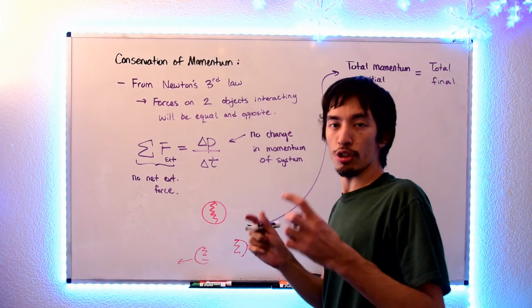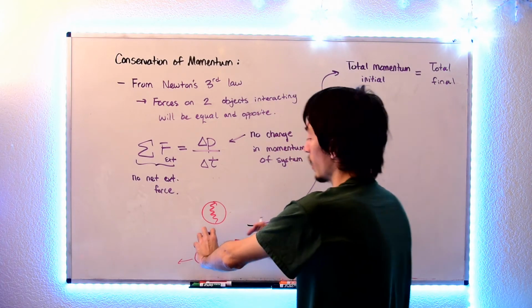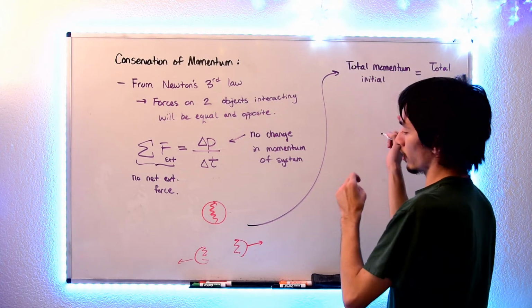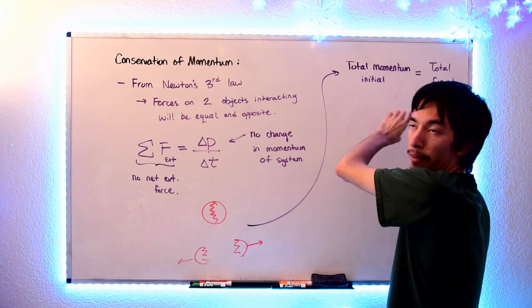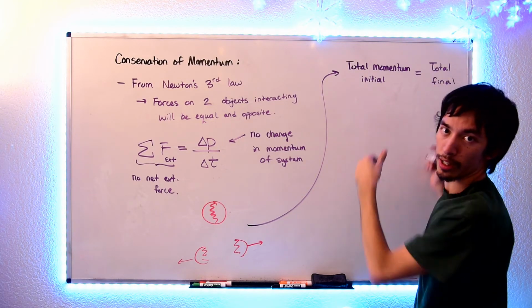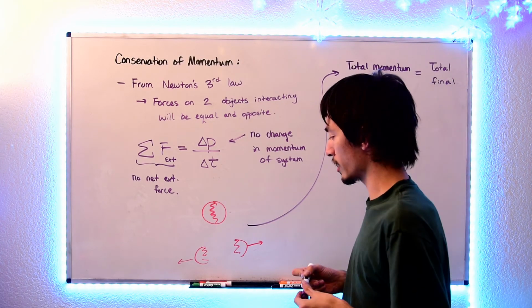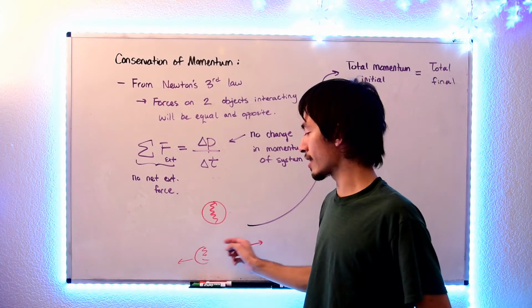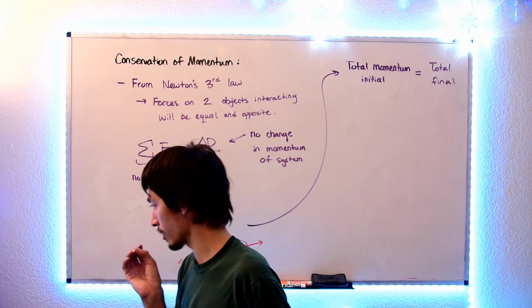Since there's two possible objects you can have, these two, then you would have the momentum of one plus the momentum of the other on one side, and the momentum of one plus the other on the other side. So there should be two terms on each side. Now in this context, the two pieces that make up the whole is actually called something different. It's uranium in this case.